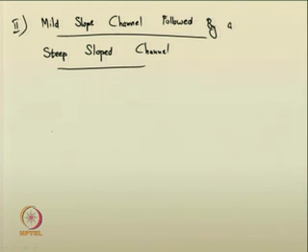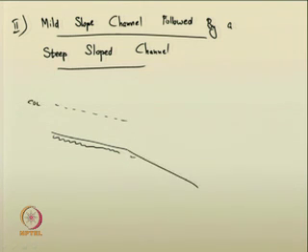You can have a mild slope channel, it is having the corresponding critical depth line, then it is followed by a steep slope channel. So, I hope you can understand that the critical depth both in the mild slope and steep slope channels for the given discharge will be same. So, critical depth is irrespective of the bed slope, you have already seen those things.